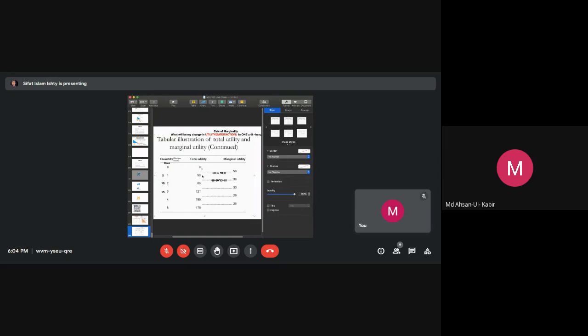Without the total utility information, it is impossible for you to find the marginal utility information. So don't worry about finding total utility.